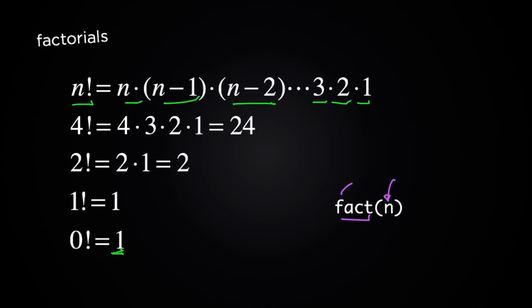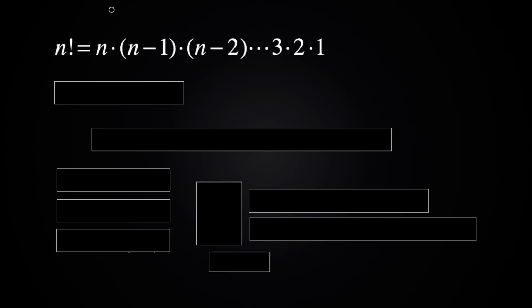To solve this problem, or to write this function recursively, we need to actually examine this equation in a little bit more detail. Okay, so I brought that equation over here, and like we saw earlier, we had n factorial being equal to n times n minus 1 times n minus 2, and so on, times 3 times 2 times 1. And when you look at this part following the first n, you might notice that this part is equivalent to n minus 1 factorial.